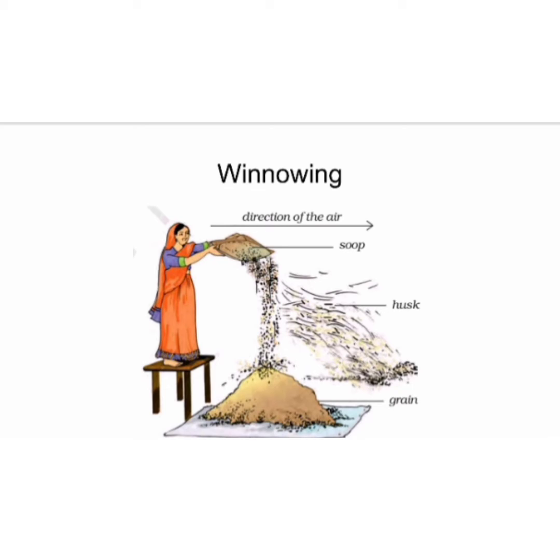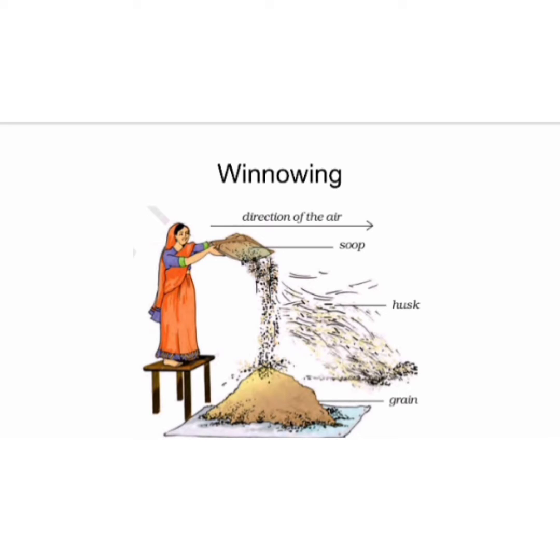This winnowing method is used to separate the heavier and the lighter components. In hand picking, we separate the large components, right? But in winnowing, we separate the lighter particles from the heavier particles. This is done by the wind or blowing air, and this method is commonly used by farmers to separate the lighter husk from the heavier seeds of grain.